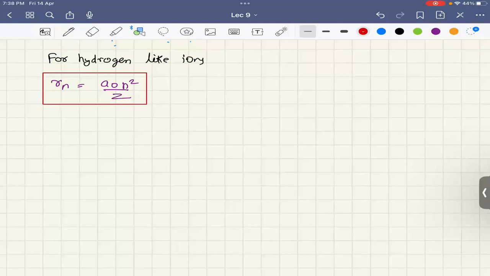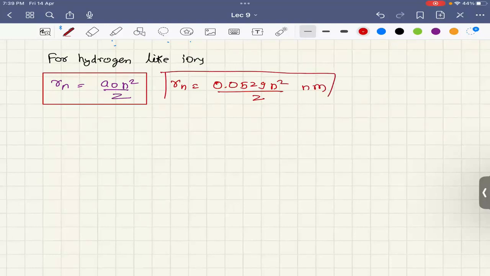Or in other words, if you want to use the value of A0, Rn is equal to 0.0529 n square by z nanometer. These are very important expressions.